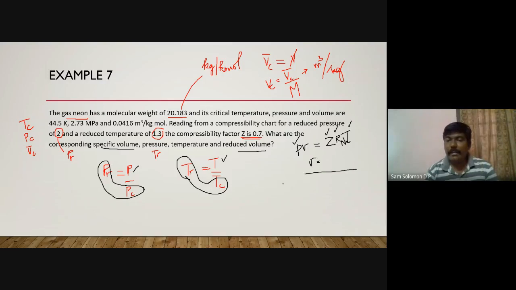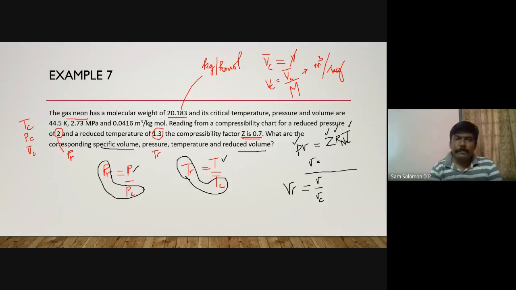And then you have to find out reduced volume. So reduced volume is v by V_C. Just now you have found out v. Now you will be able to find out V_R as well, v by V_C. V_C is given to us in the problem. Okay. Is that clear?